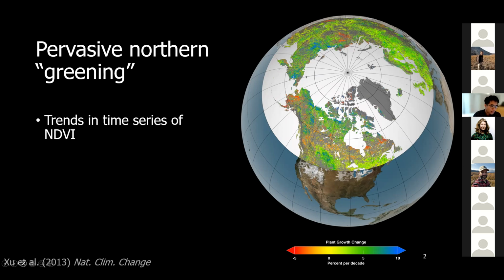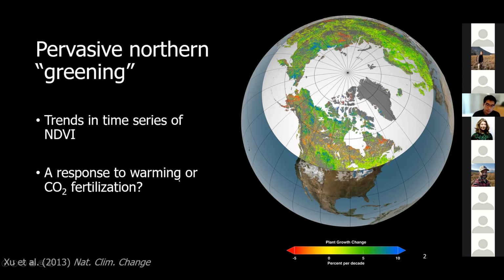There's some mystery around why this might be happening, but people are supposing so far that it has to do with climate warming or CO2 fertilization, leading to an increase in vegetative growth in the high northern latitudes. We're here to try and investigate this with a more direct measure of above ground biomass, or carbon, let's say.